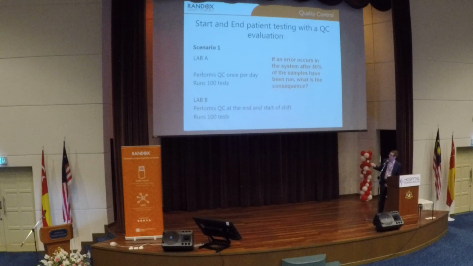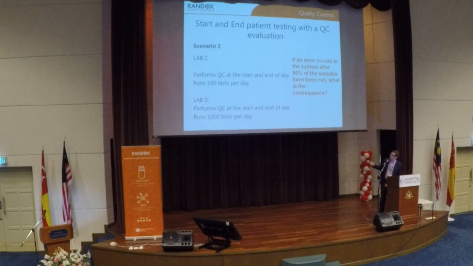That means more than likely Lab A will not detect that error until the following day, whereas Lab B will detect that error at the end of their shift. So it means Lab B is in a much better position to put corrective actions in place and potentially to rerun those QC if necessary.